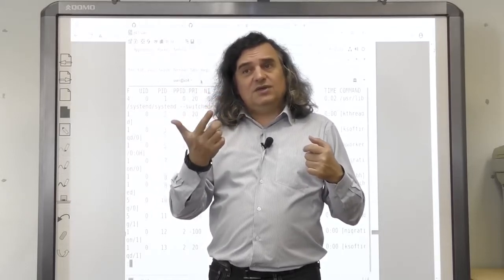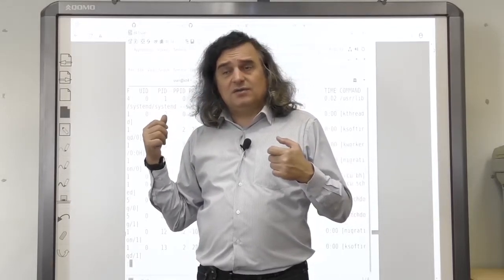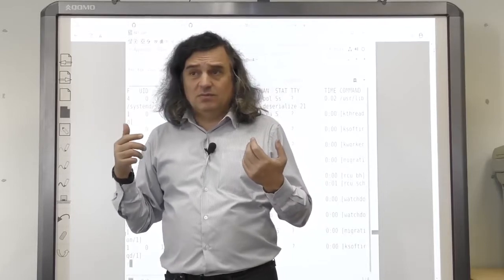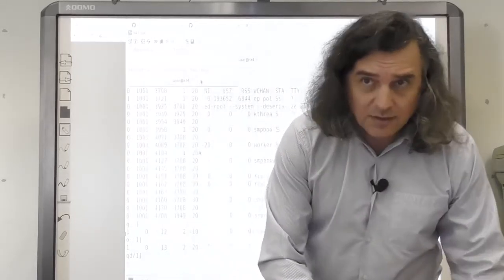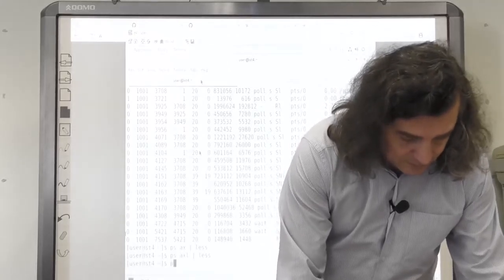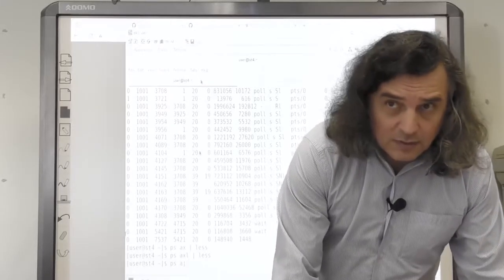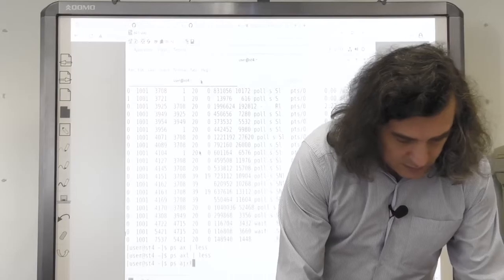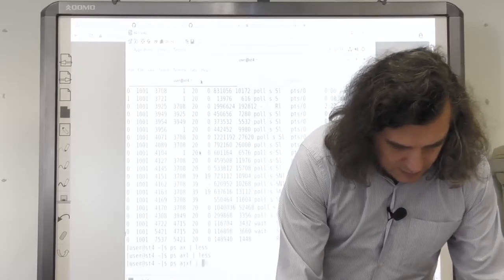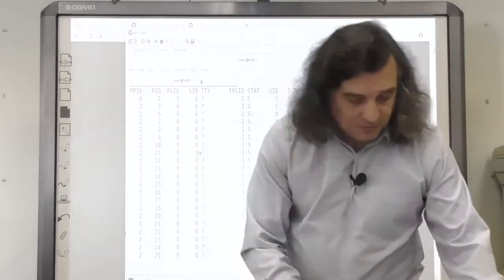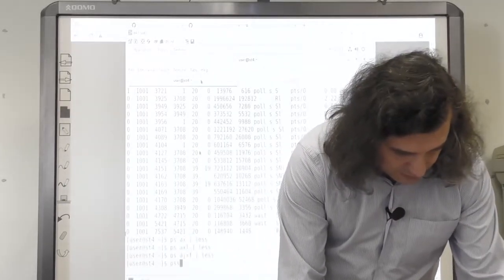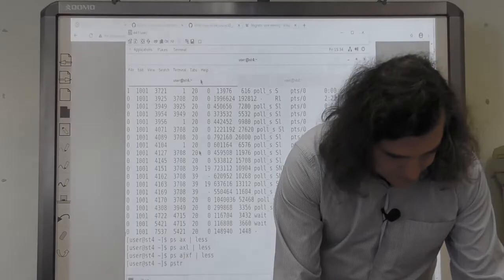We can see this hierarchy, for example, by such an option set, or just by the command pstree.